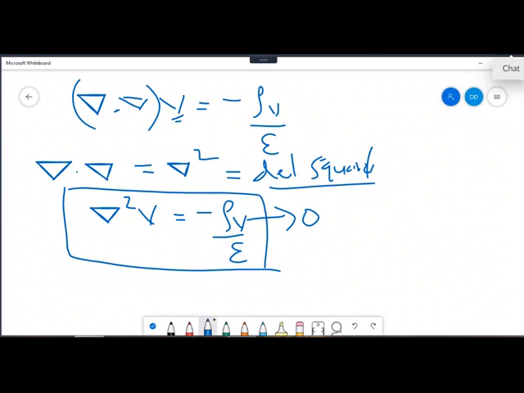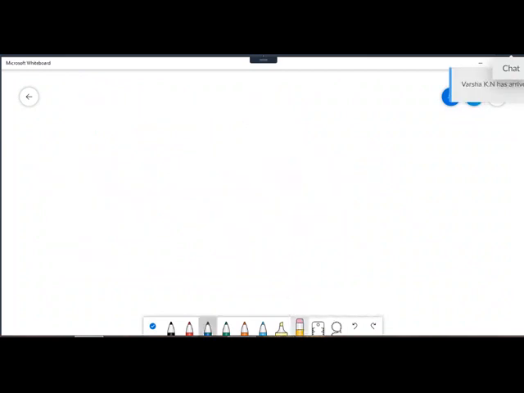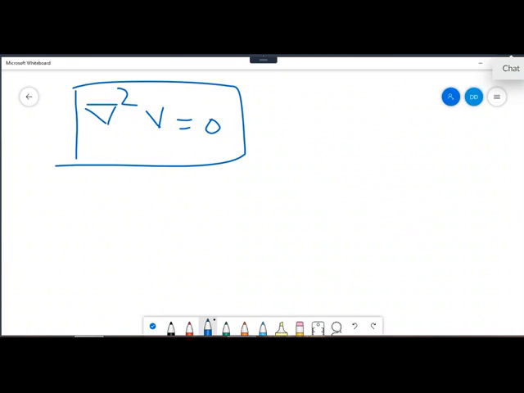If rho V is 0, what happens to this equation? Del square V becomes 0, because 0 by epsilon is 0. So del square V equals 0, put it in a box, this is Laplace equation.